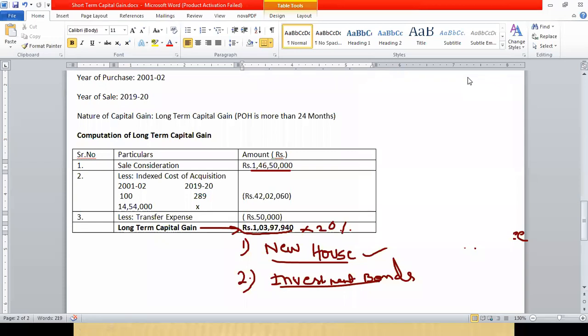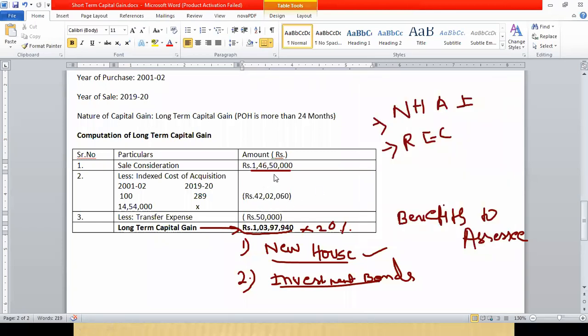Yes, correct. 1 crore 3,97,940, 20% is 27,79,088, which is the tax amount. If you want to avoid paying this much tax, then what you can do is use this amount which you have received for investing in some other house property.